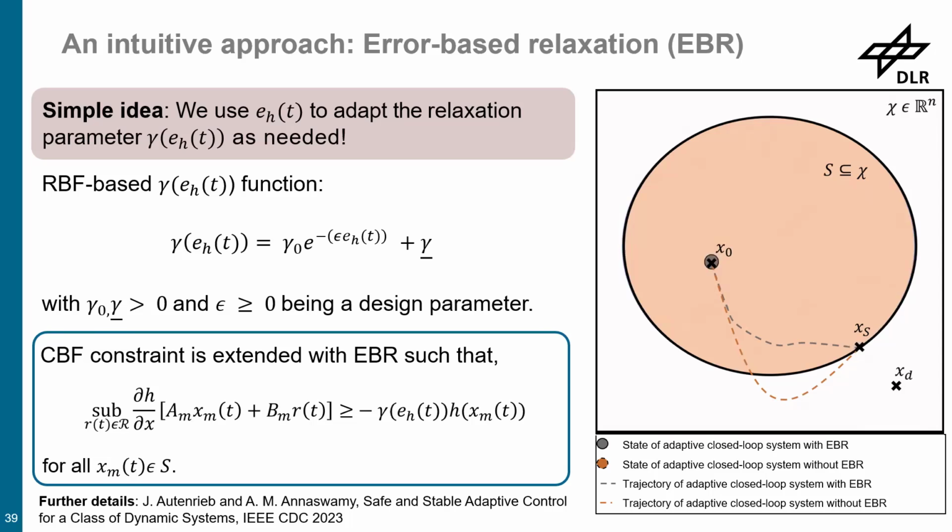You have the gamma, which is basically dictating how you're converging exponentially with respect to the boundary. And you could say, okay, I'll use a radial basis function, which is adjusting this gamma based on experienced error, right? And with this, what this will implicitly do is it basically limits yourself to a subset of the safe set based on the error that you're experiencing, right?